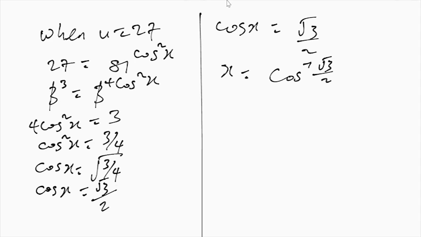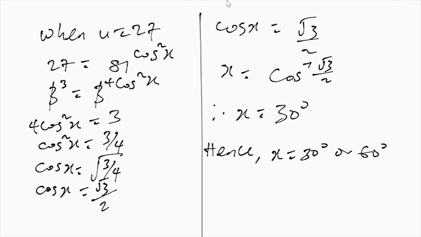We know that sine of 60 will give us root 3 over 2, which implies that cos of 30 is the same thing as root 3 over 2 because cosine and sine are complementary. So therefore, we can use a calculator to confirm that x equals 30. So for that particular question, x is 30 degrees or x is 60 degrees, which will be the solution to the equation that we were given.